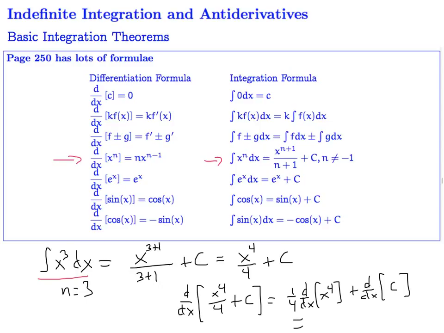Well, in this case, I'm going to get 1/4 of 4x cubed plus 0, which simplifies down to x cubed. So I did get a correct answer. I just have to remember that instead of bringing the power down and subtracting 1, I have to add 1 to the power in the exponent and divide by it so that they'll cancel in the end.